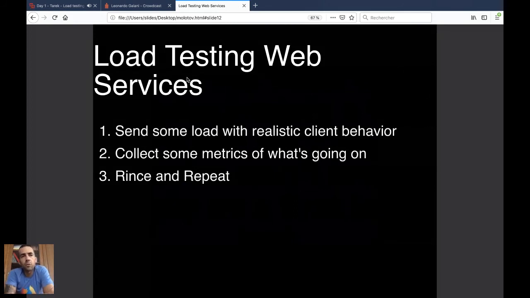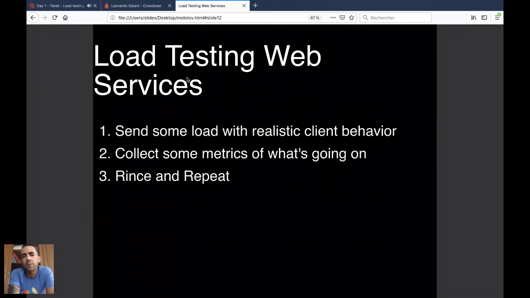So when you do some load testing on a web service, it's done in three steps. You want to send some realistic load to the web service using a real user scenario. You don't want to just bang the service with random queries. That's not load testing, that's fuzz testing.